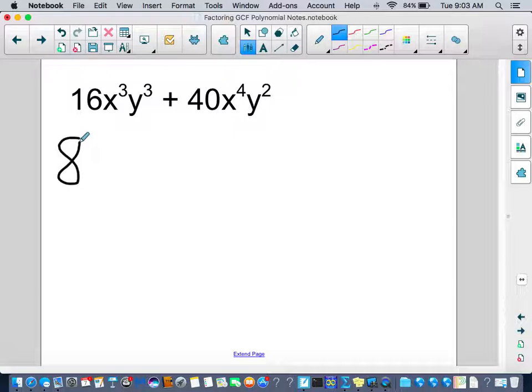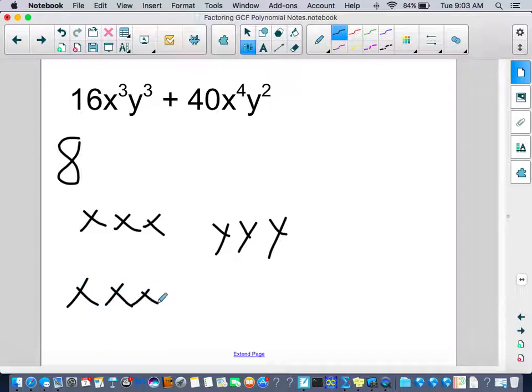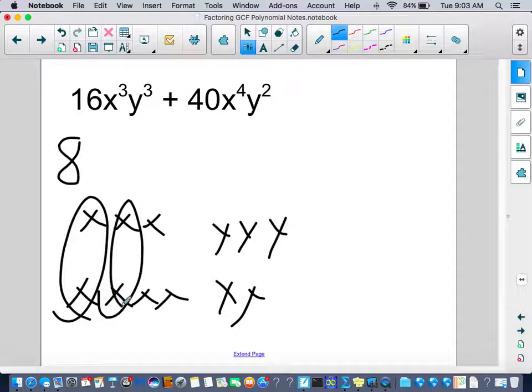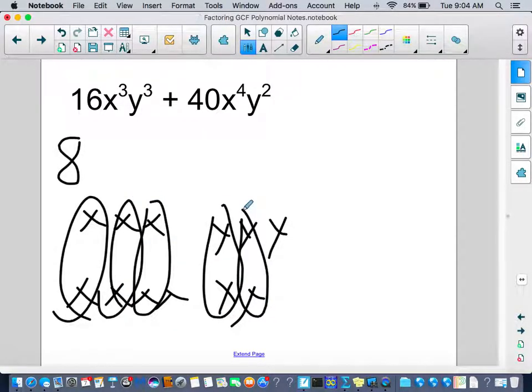Now we also look at our variables. Our first term has x times x times x, y times y times y. Our second term has 4 x's and 2 y's. Okay, so they have 1, 2, 3 x's in common, 1, 2 y's in common. So it would be x cubed y.